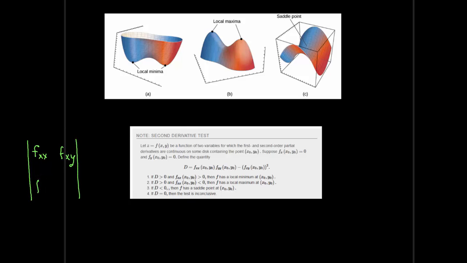And then down here is fyy and fyx. If you look at this little determinant looking thing and work it out, I did it wrong again there. Sorry about that. Here we go.